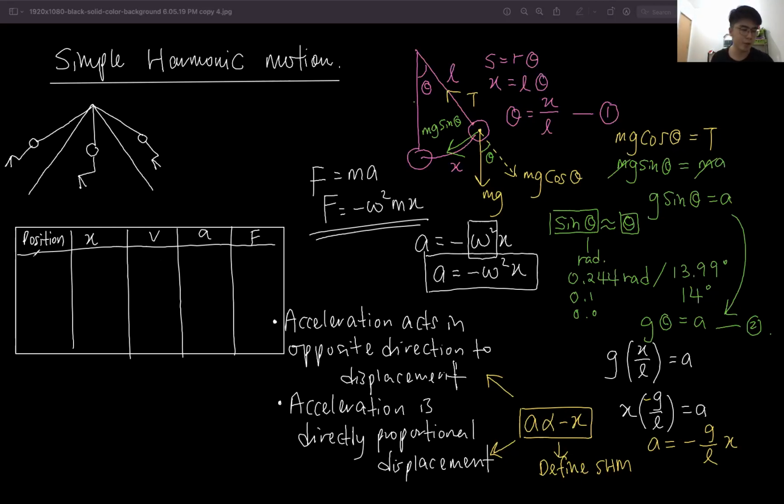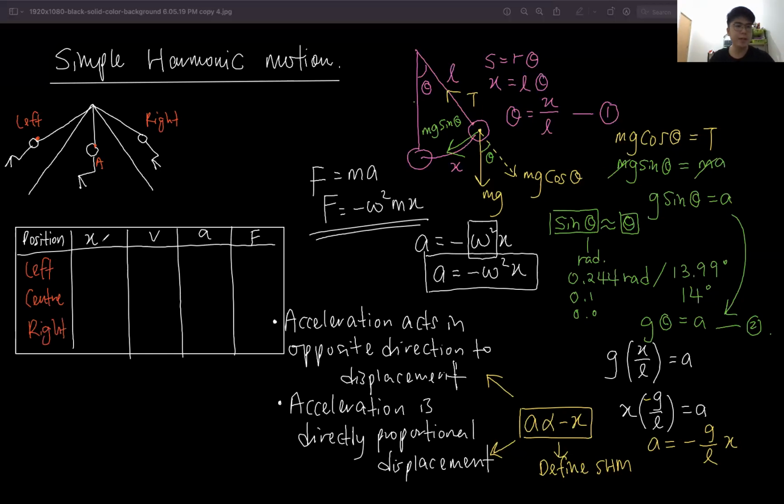When an object oscillates. Position, we're going to take three positions. First is the middle, of course, the equilibrium position, and then left, right. Okay, so we put left, center, and right.